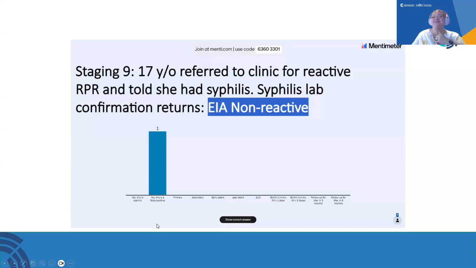No, that's correct. It's a biologic false positive. And you're going to get a lot of these that come in from the blood bank or from another physician's office that just had the 1 test, but didn't have both tests. And remember, it takes 2 to confirm that they have actual syphilis.